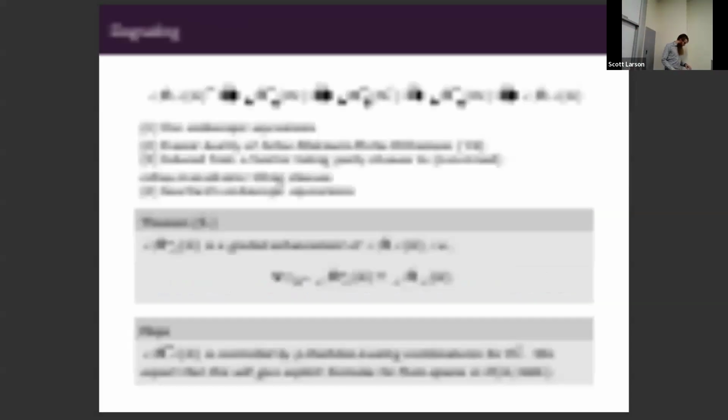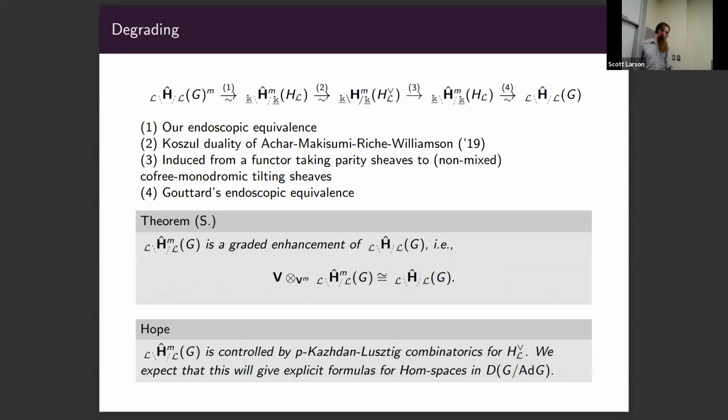And the last thing I want to say, because I think I'm over time now, is that on this bi-monodromic side, we can actually do degrading. So we have some chain of things. We can do endoscopy, and then some version of Koszul duality, and then endoscopy, Koszul duality, another version of Koszul duality, and then endoscopy again.